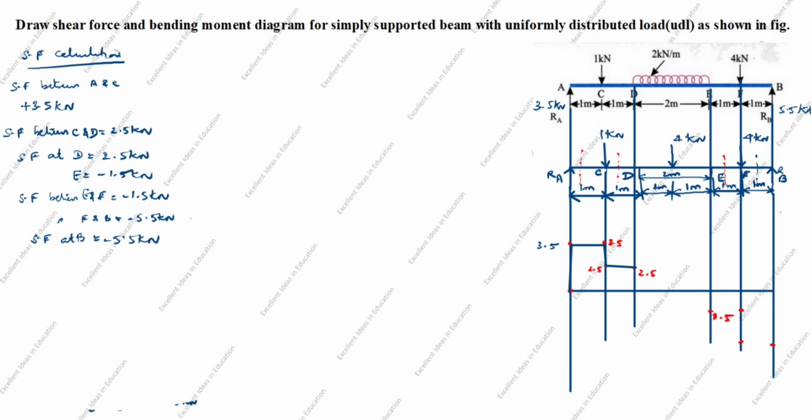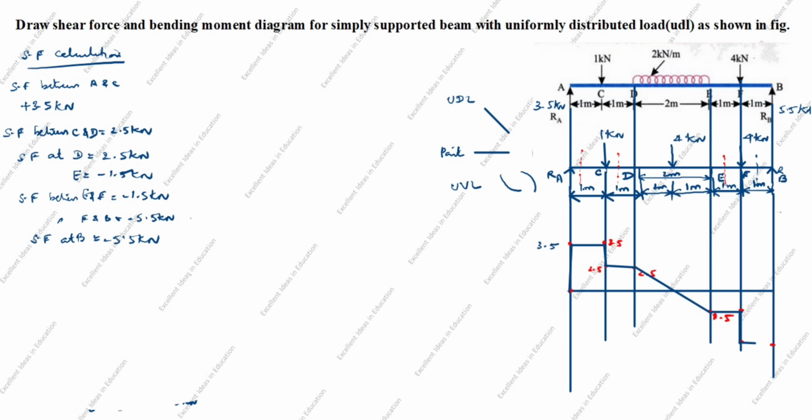Now we will join the line. This one is a UDL, we will show it this way. A point load is a straight line. A UVL will show a parabola this way or this way. Next, this is a point load, a straight line. So it joins here.